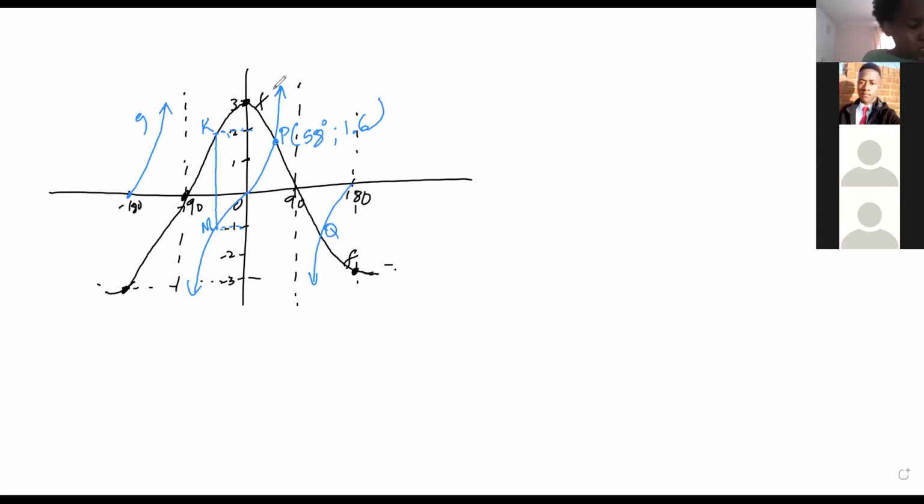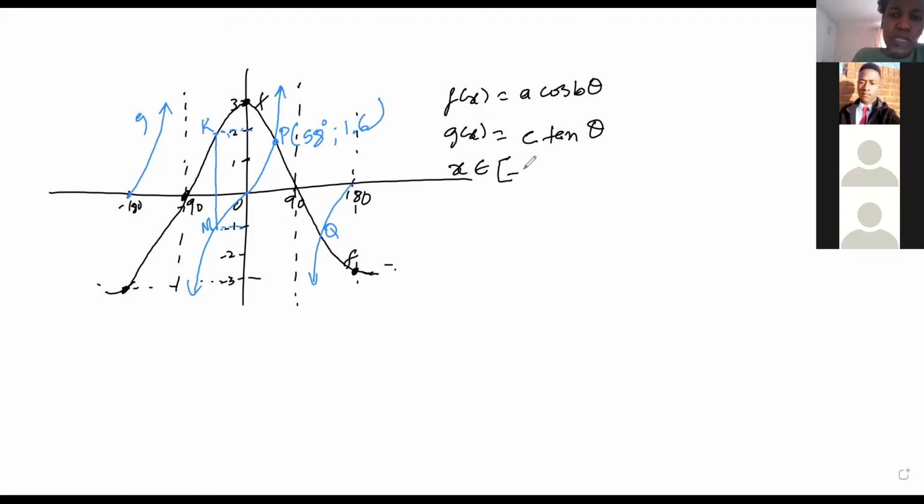The graphs of the functions f(x) equals a cos b theta, and g(x) equals c tan theta, are defined for the domain between -180 and 180 degrees.